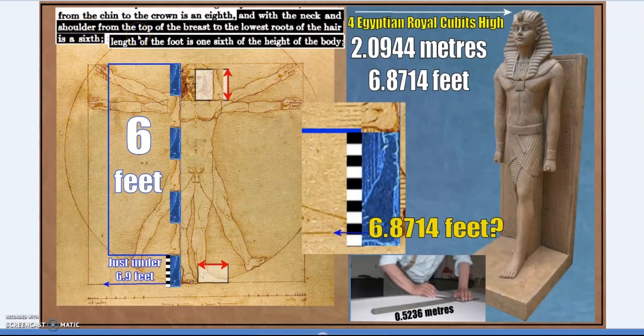But if you look deeper, what you find is there's information here, because the foot is not 1/6 of the height. As a scale of measurement it is, but as a scale of proportion in the human body it is not. There are 6.9 feet, or very, very close to it.